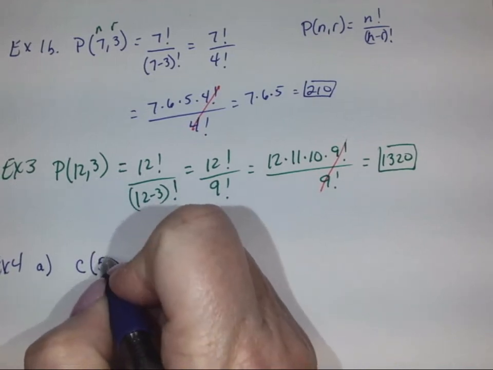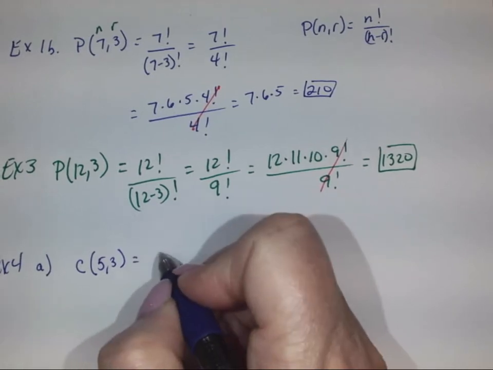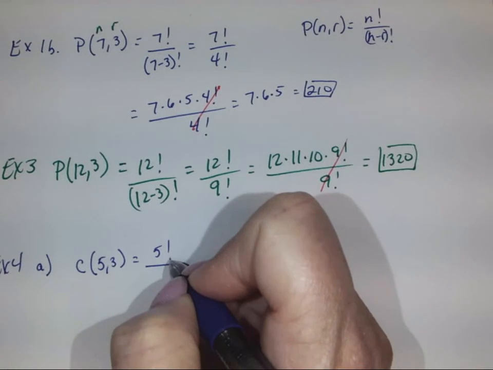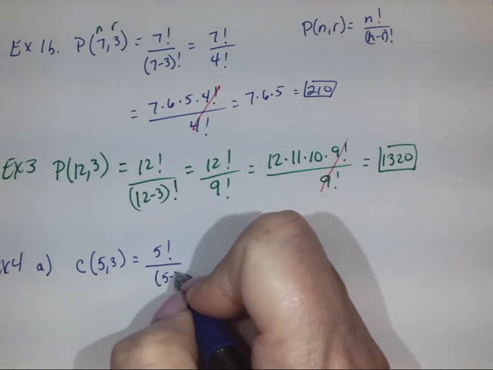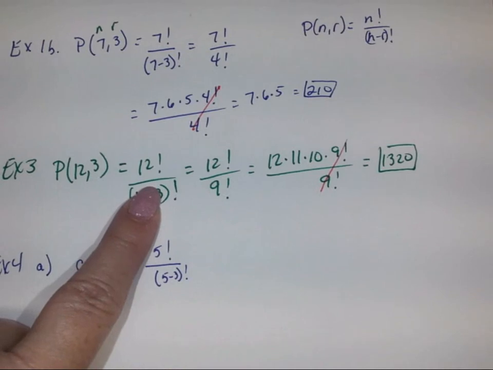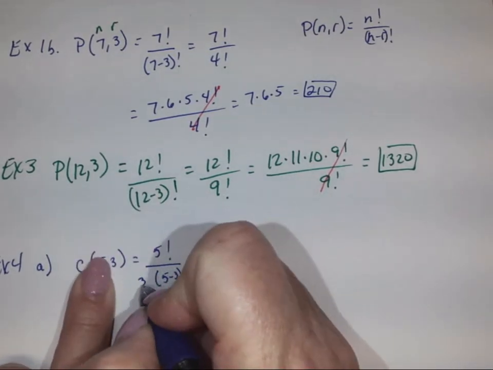Out of 5 pictures, we want to choose 3. With that formula, this will be 5 factorial over, we still have the 5 minus 3 factorial like we would have done in the permutations, but now we also have a 3 factorial.